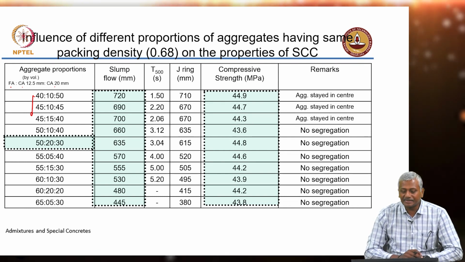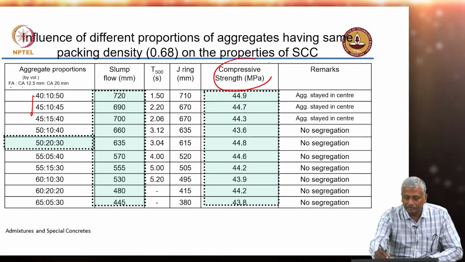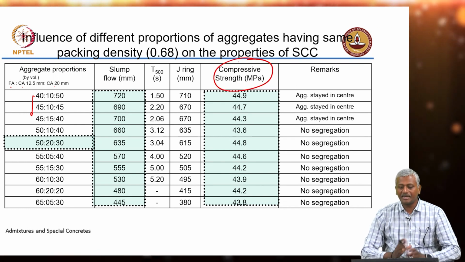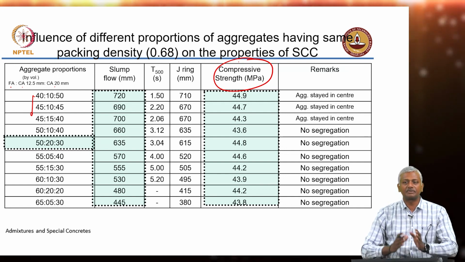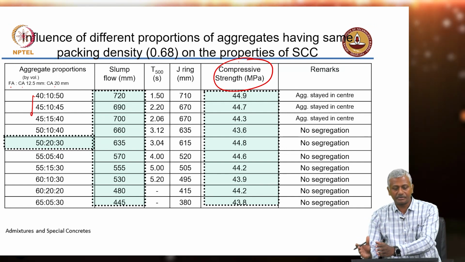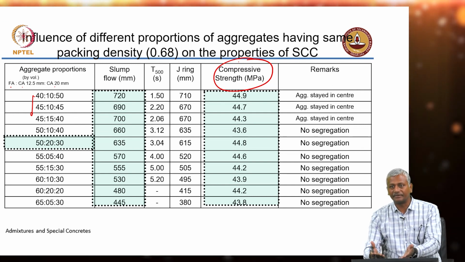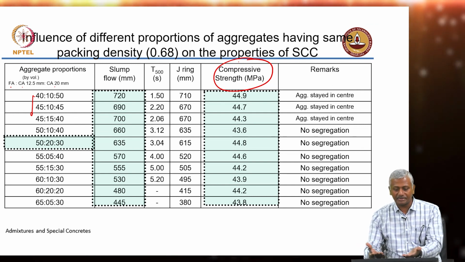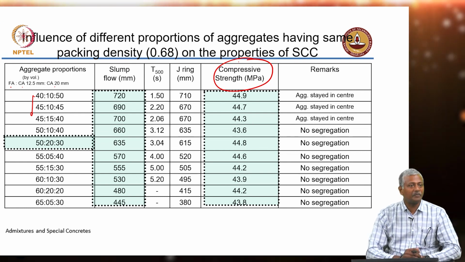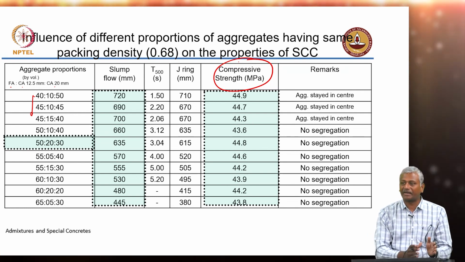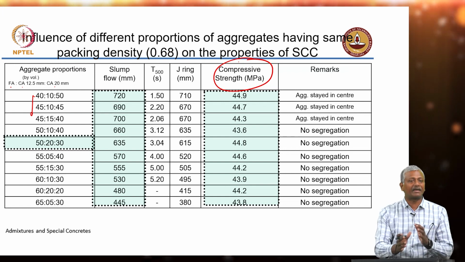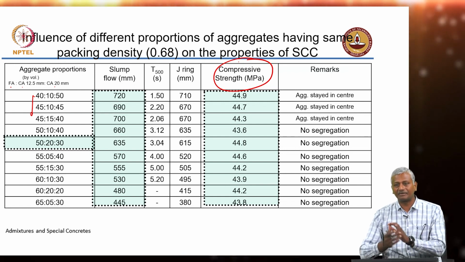So, first let us look at the strength. Same packing density, assumption is should have the same strength. Are we getting that? Yes, more or less all the things are within about 1 MPa of each other. So, definitely for the same packing density, irrespective of my aggregate combination, I am getting the same strength.